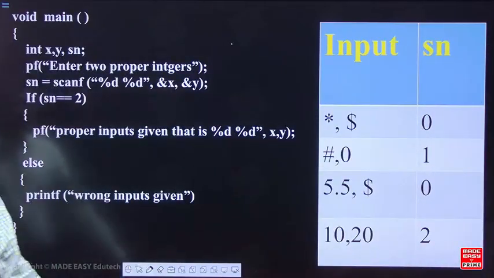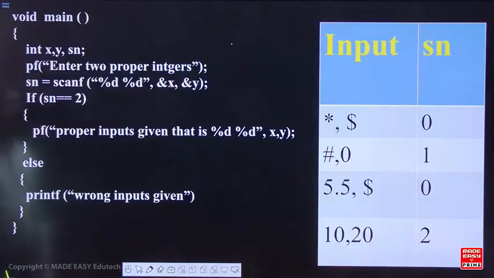Okay, you can easily understand by looking at the program only.